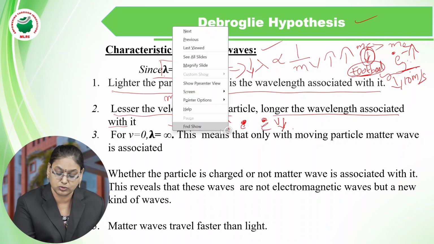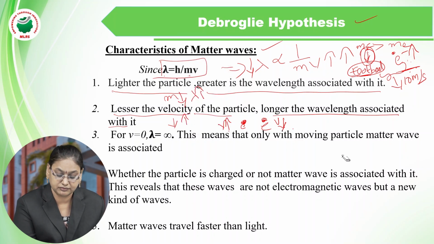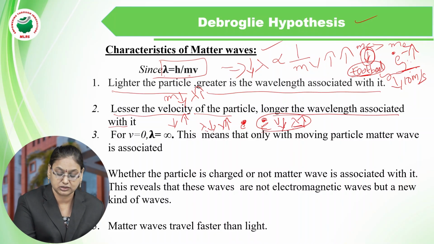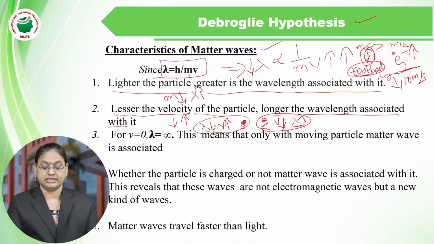If velocity is more, the wavelength will be less, and since the velocity of the second electron is less, its wavelength will be more. So slow moving electrons will have wave nature because their wavelength is more, whereas fast moving electrons will have particle nature.